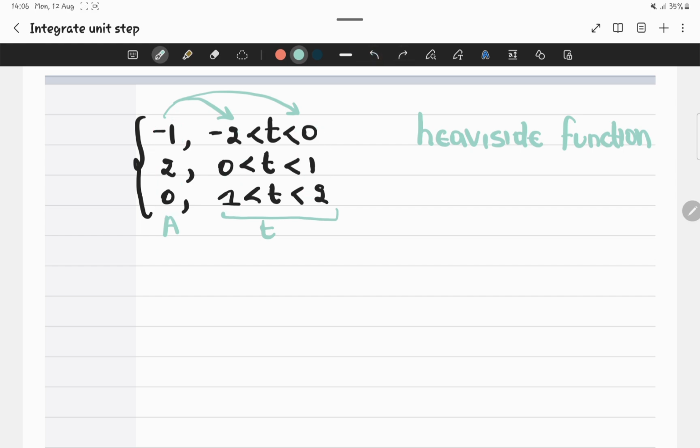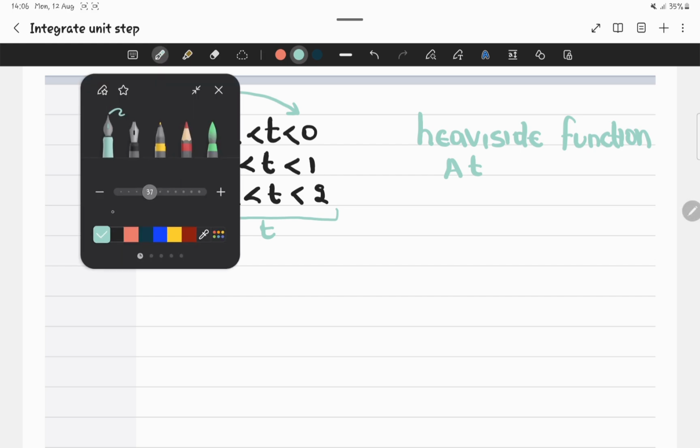Now let's carry on. If you want the formula, it's easy: it's like a times u of t. That is the form that you need to get.